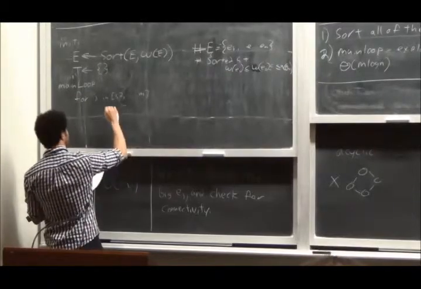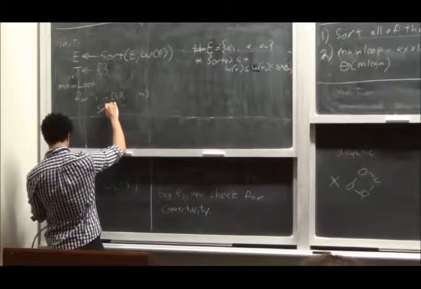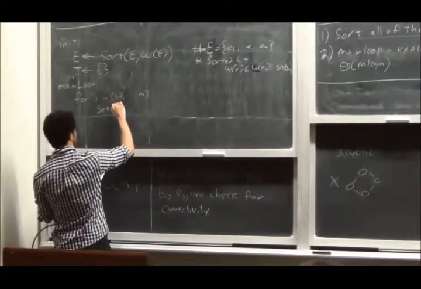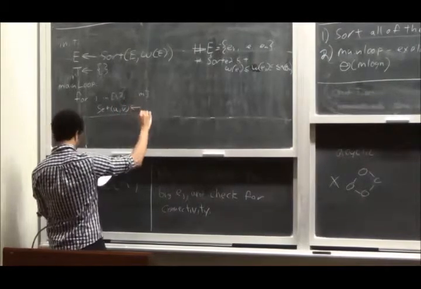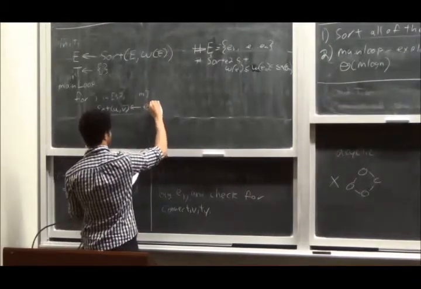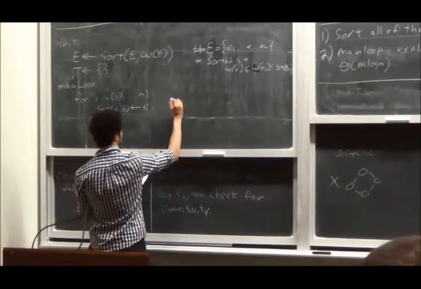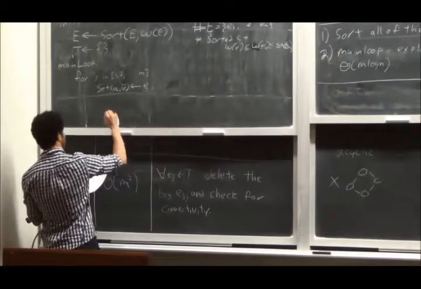We are going to set two vertices, U and V, equal to the endpoints of the edge EJ.